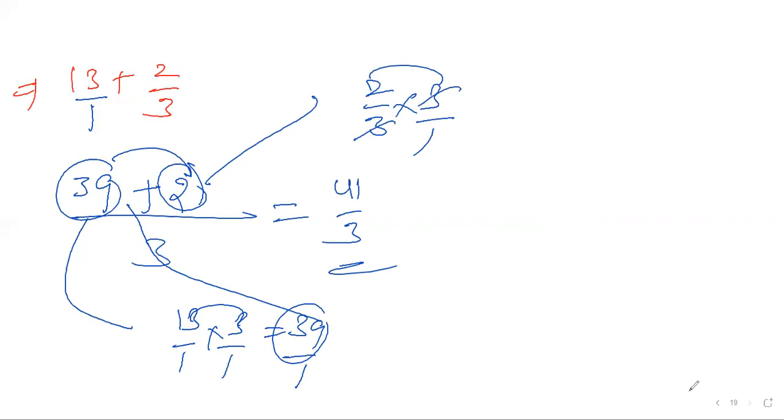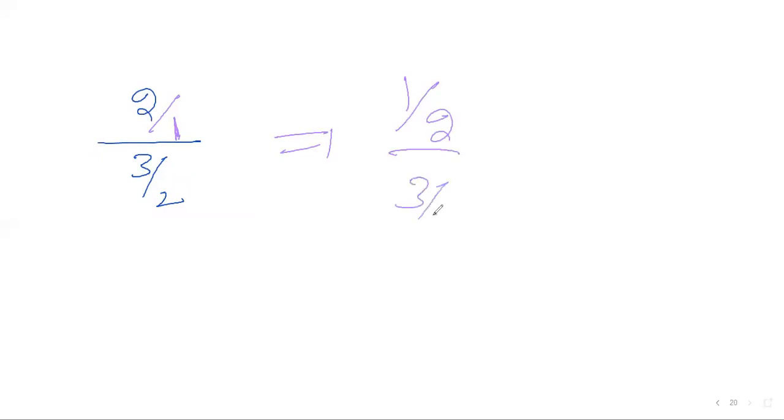One more thing I wanted to share with you, the last thing. If 2 and 3 by 2 is there, you should understand 2 by 1 you can write. But some people write 1 by 2 for 2. This is wrong. 2 is equal to 2 by 1 is okay, no change.